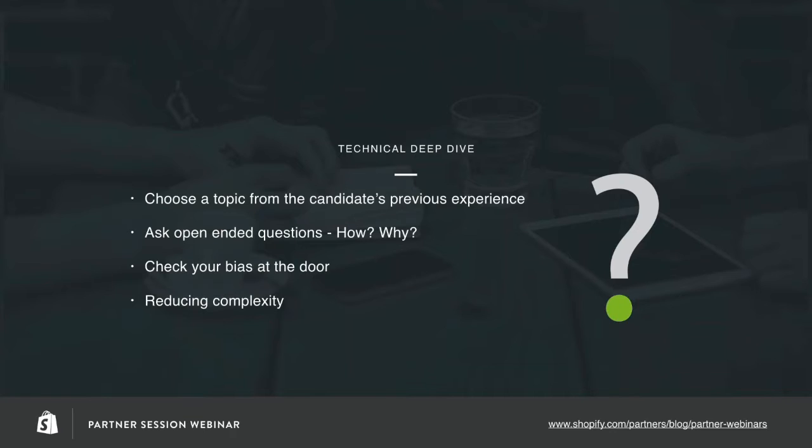When they're in the organization and you're working together on particular problems, you want to make sure that they're able to reiterate that to the rest of the team in a way that everyone can understand. Of course, there are going to be times where not everyone does understand, but try to reduce that complexity as much as possible.